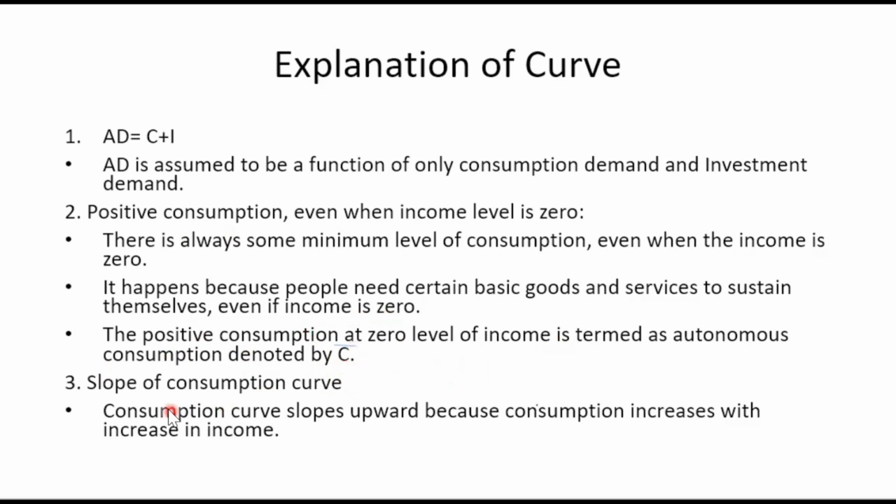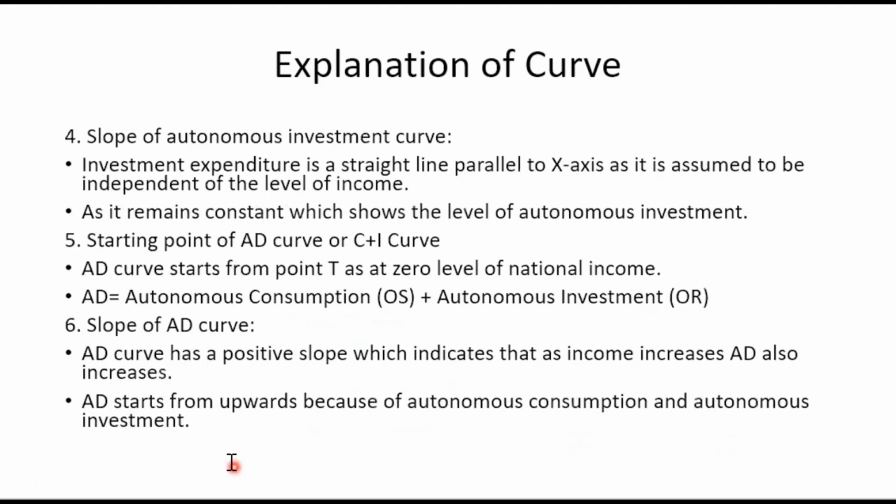Now, what is the slope of the consumption curve? The slope of the consumption curve is upward. Why? Because consumption increases with an increase in income. Now, the slope of the autonomous investment curve.